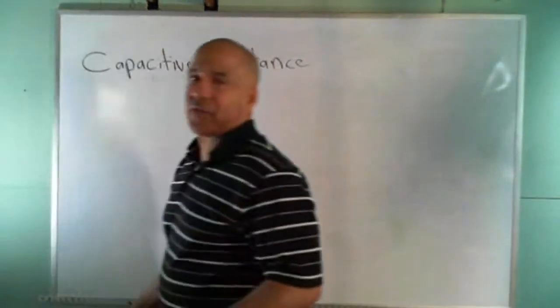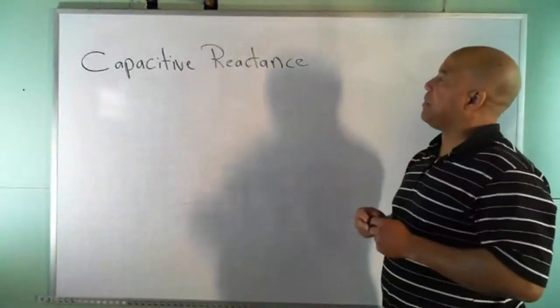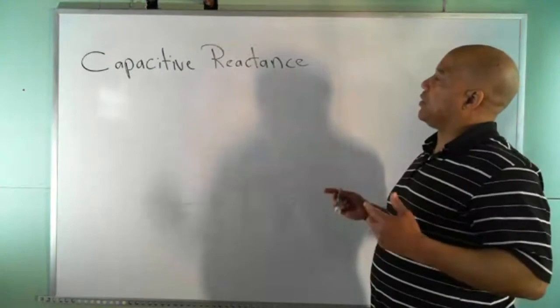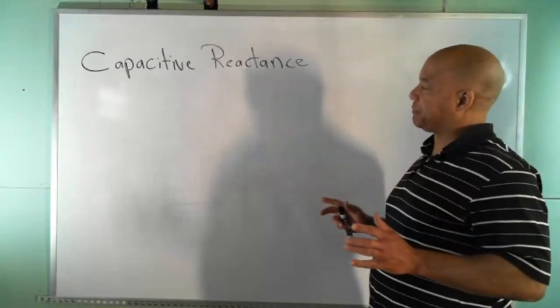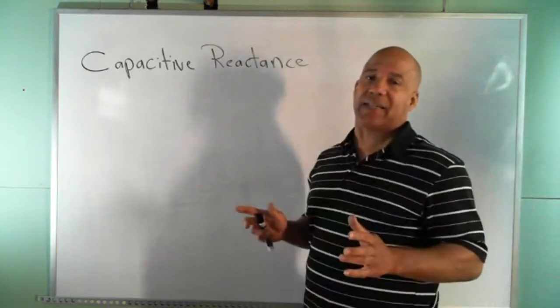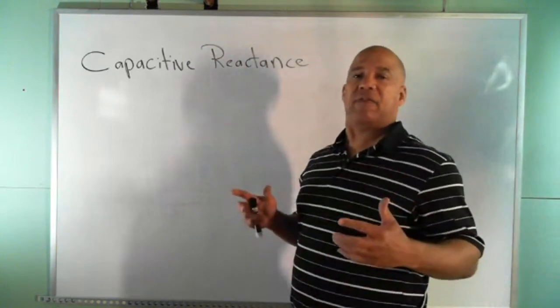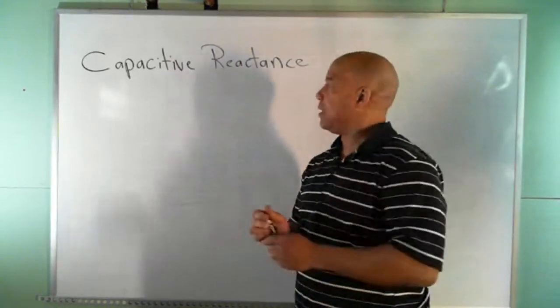Now, that's kind of a strange creature. Again, I really can't go into the mechanism of it, but I do want to talk about a couple things related to capacitive reactance. The first is that capacitive reactance is different from resistance in that it depends on the frequency.